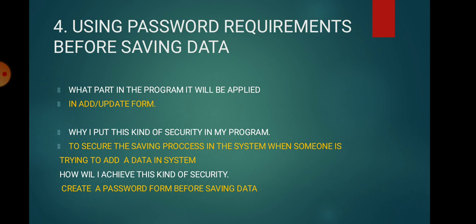When you add data in a form, it will require a password. Why do I put this kind of security in my program? Because to secure the saving process in the system when someone is trying to add data in the system. How will I achieve this kind of security? Of course, create a password form before saving the data.